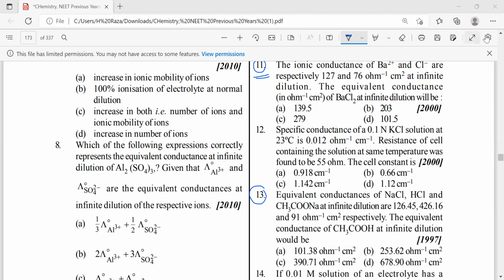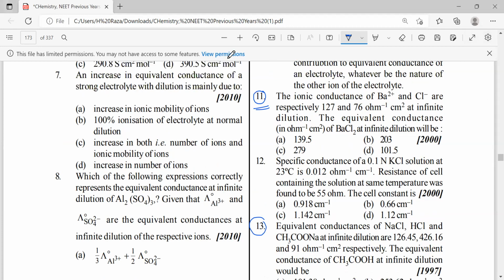Question number 11. Question number 11, answer B. Can you tell me the answer, Sneha? Question number 11.